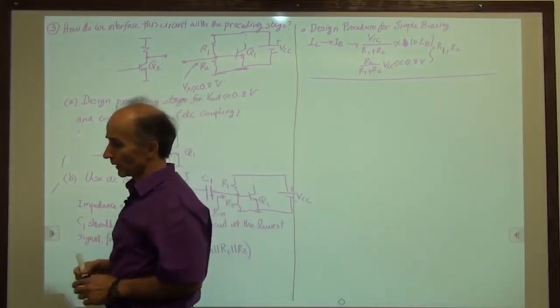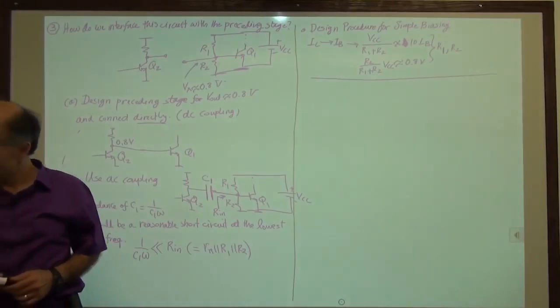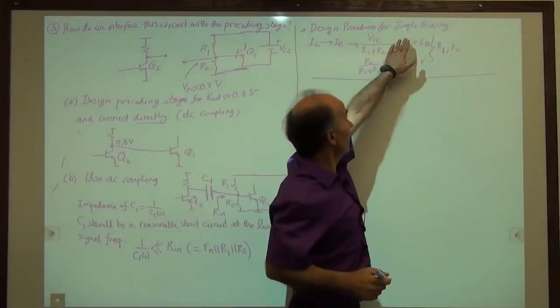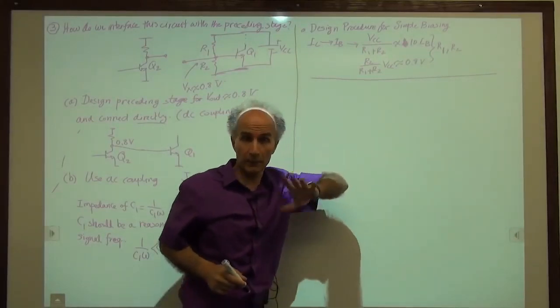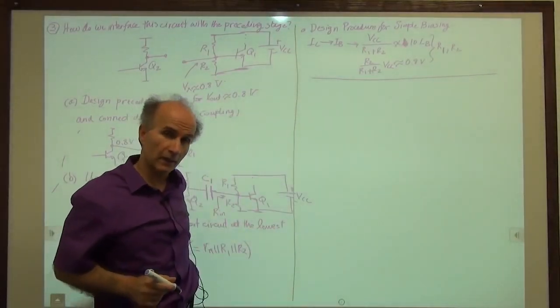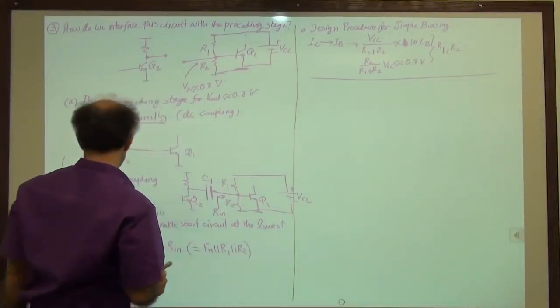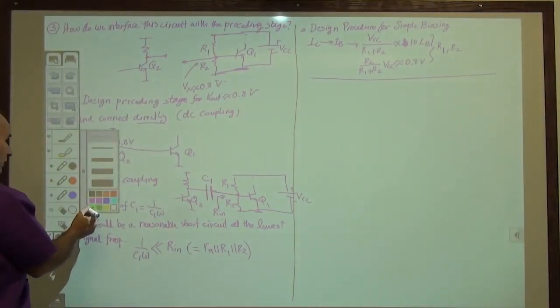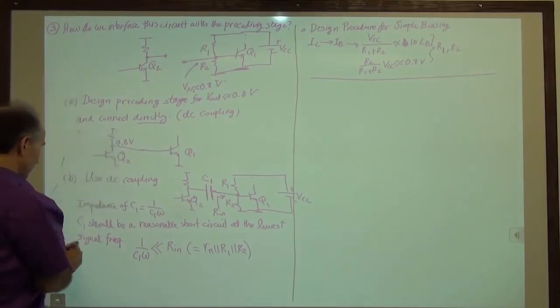All right, so the next issue that we need to deal with, and the reason I call this simple biasing, to emphasize that it's simple but probably not very good, is the following. So let me change the color of my pen and talk about this new difficulty that we face.